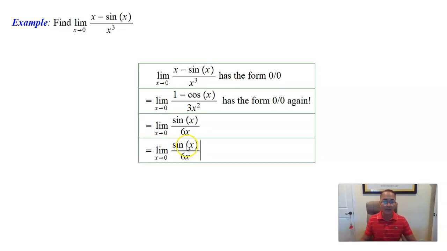This again is 0 over 0, so we can apply L'Hopital's rule one more time, and we get derivative of sine is positive cosine. Derivative of 6x is just 6. Again, cosine of 0 is 1, so this is 1 over 6. Of course, we should get the same answer either way.